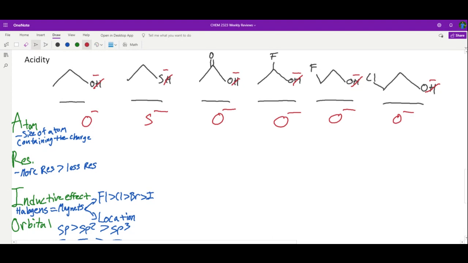It has more shells. The same concept applies: a negative charge spread throughout a larger atom is much more stable and much more acidic than a smaller atom with the charge concentrated. So comparing oxygen versus sulfur negative, sulfur is much better.